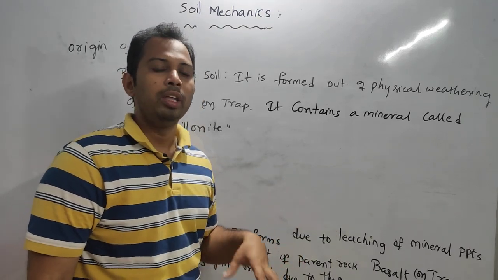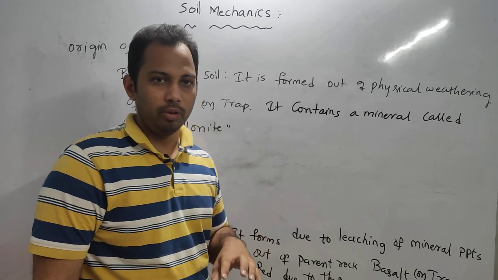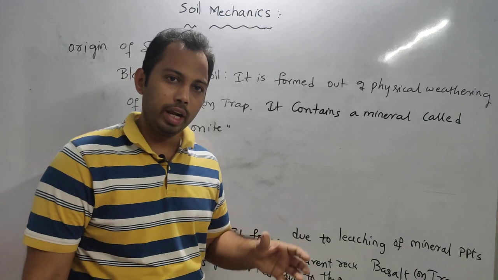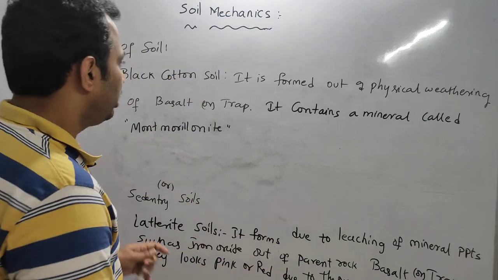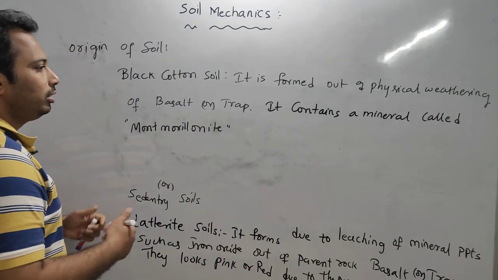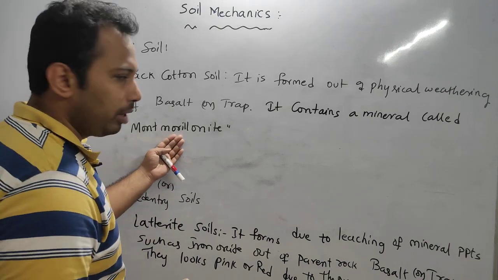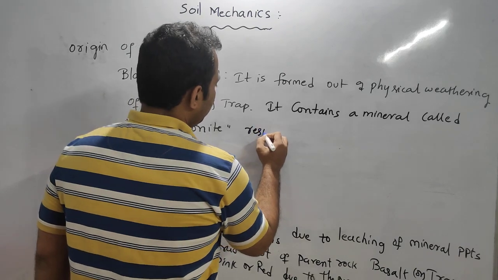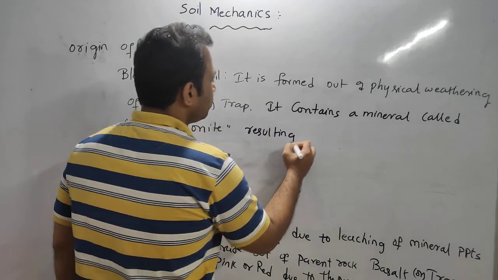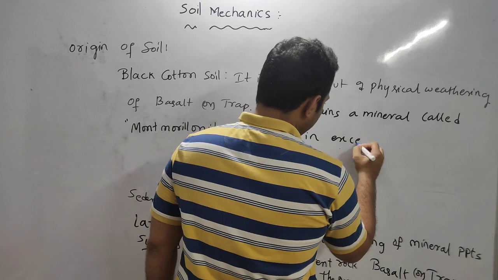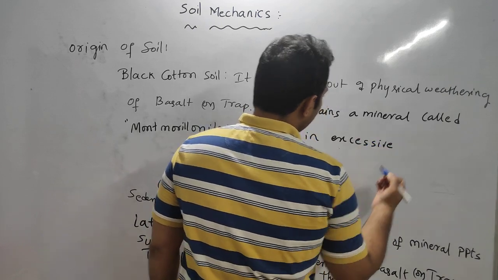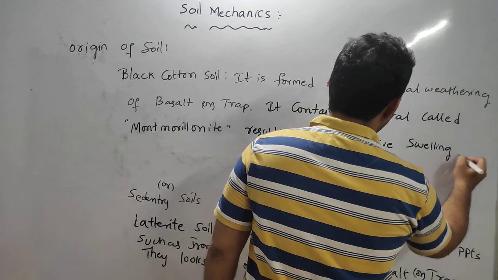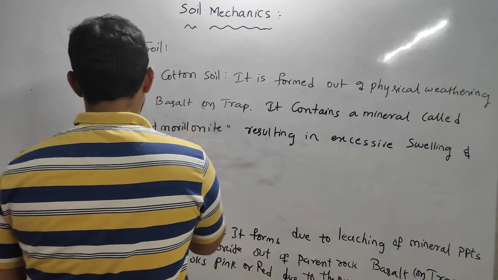Black cotton soil is a residual soil formed out of the physical weathering of basalt or trap, but it comes in the category of fine grained soil because it contains a lot of the clay mineral montmorillonite, resulting in excessive swelling and shrinkage.